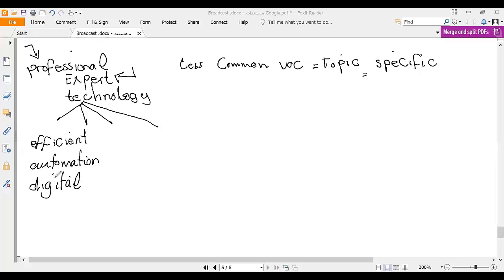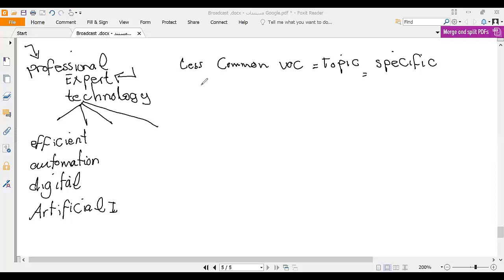Like digital age. And don't forget the most common word now, which is artificial, especially artificial intelligence. So these are some terms that people who talk about technology can use.